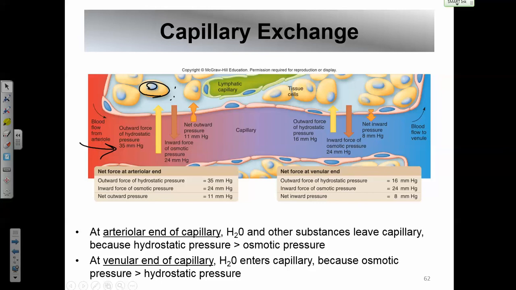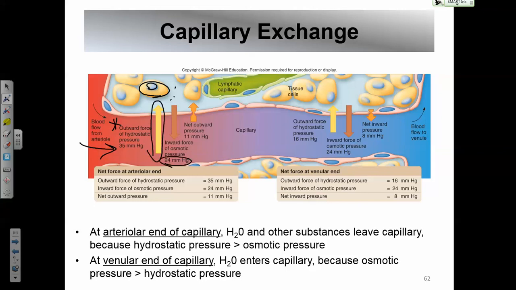Okay, so if you look at the incoming blood, do you see where it says the outward force of hydrostatic pressure is 35 millimeters of mercury? Millimeters of mercury is a unit of pressure. Okay, and then so that means the hydrostatic pressure is pretty big compared to the osmotic pressure.